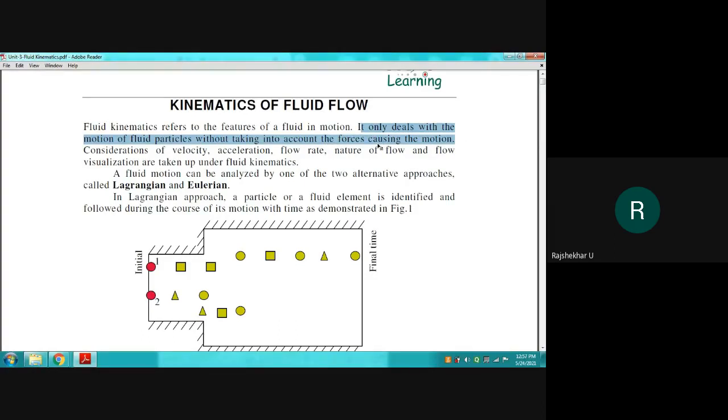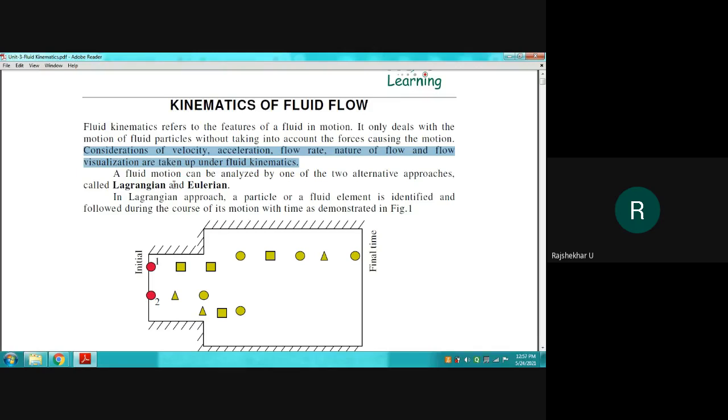So consideration of velocity, acceleration, flow rate, nature of flow, and flow visualization are taken up under fluid kinematics. Is that clear? These things we are considering.